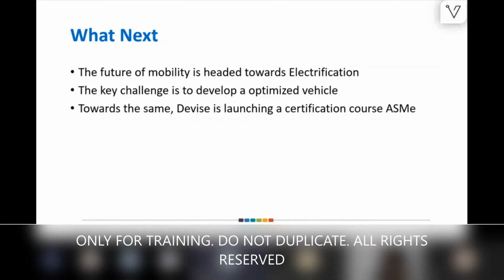Optimization has to be done for the battery, for the motor and drive as you saw today, for the cooling architecture, and for the entire electrical layout. Towards the same, we are launching a certificate course called ASME.